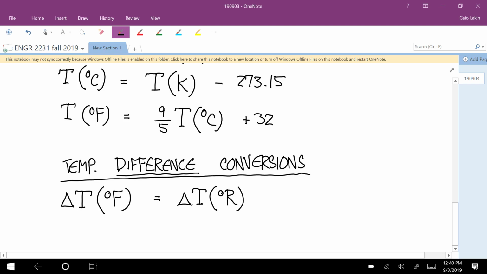Okay, so if the temperature starts at something and then goes up 2 degrees Fahrenheit, it also goes up 2 degrees Rankine. You don't use that additive part of the conversion.